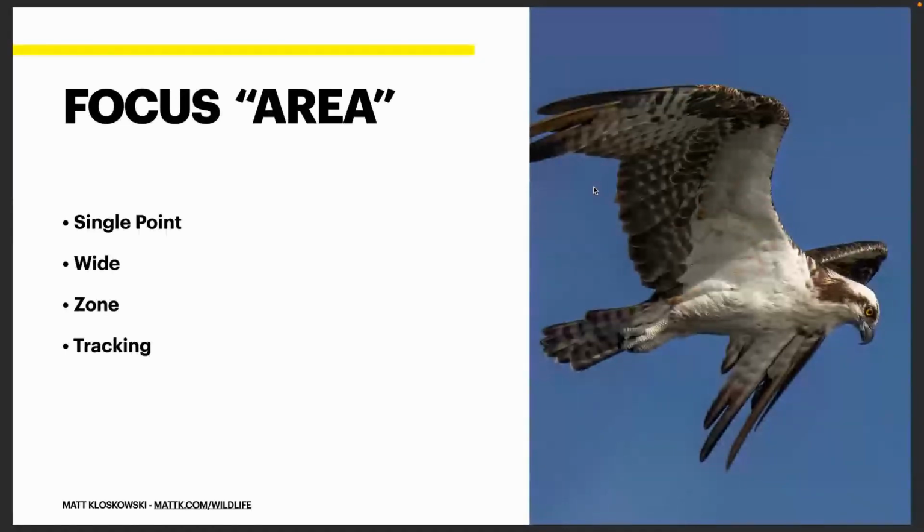But I'm generally going to end up somewhere in a zone type of focus situation, wide, and you'll see a lot of those explained and shown in the video I have for you. There are benefits to each of them. Again, there is no one size fits all, but hopefully this little video will help make a little more sense of it.